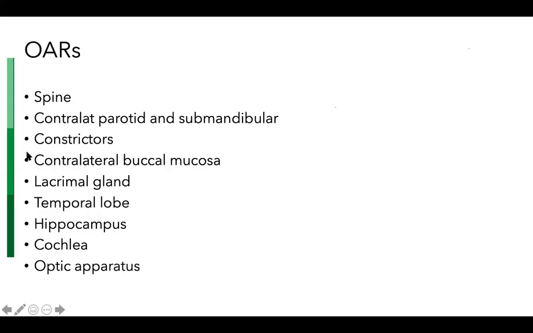And finally, I come to the OARs. This is the spine, contralateral parotid, of course, we all know. Submandibular gland becomes critical in these patients because they have already lost one submandibular gland on the ipsilateral side. I personally do not spare the parotid of the ipsilateral side.